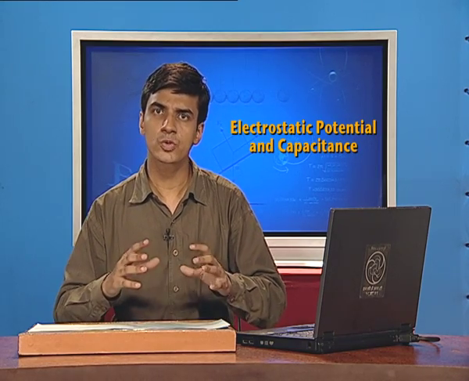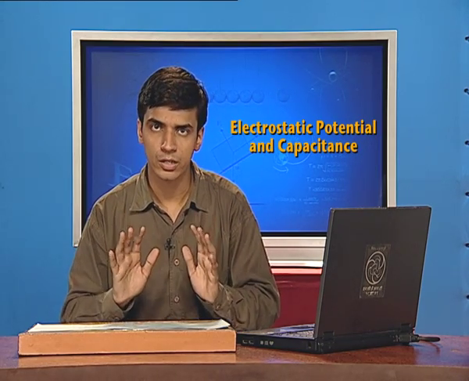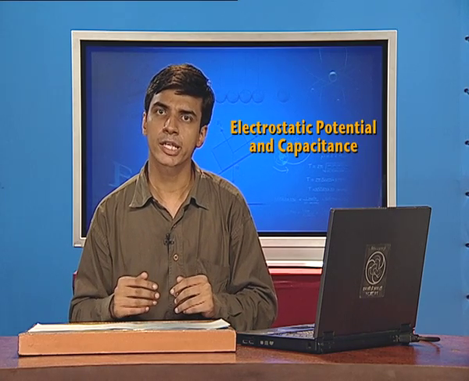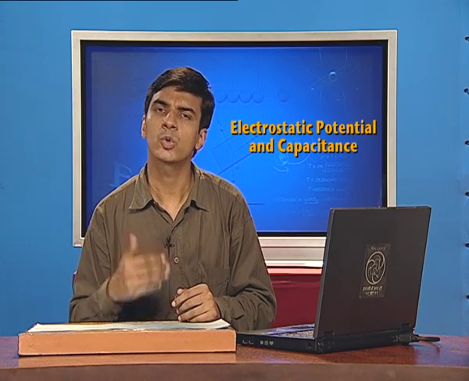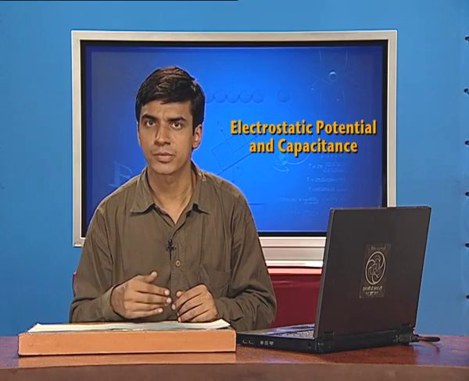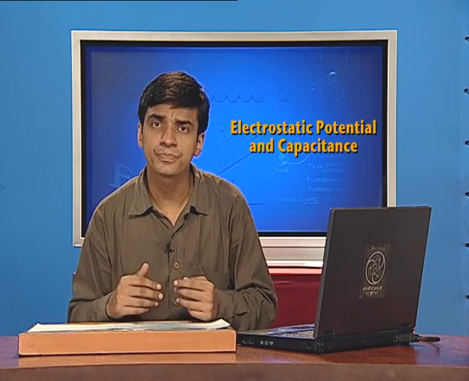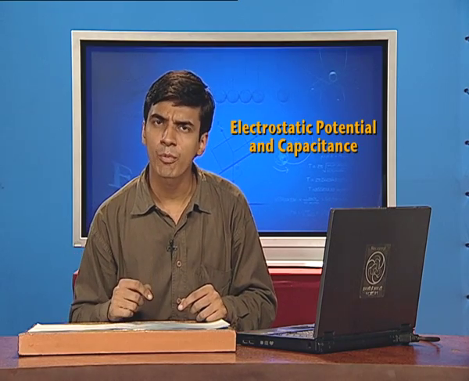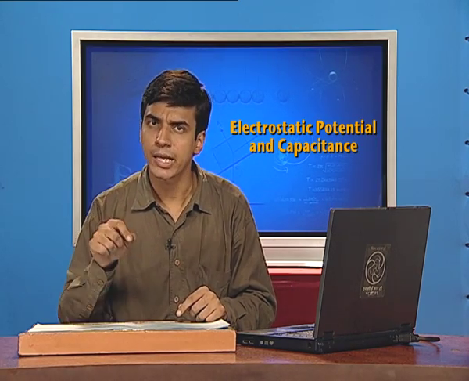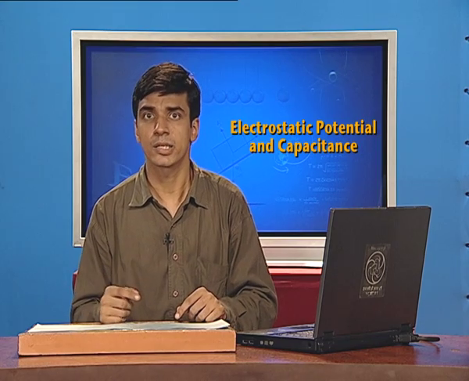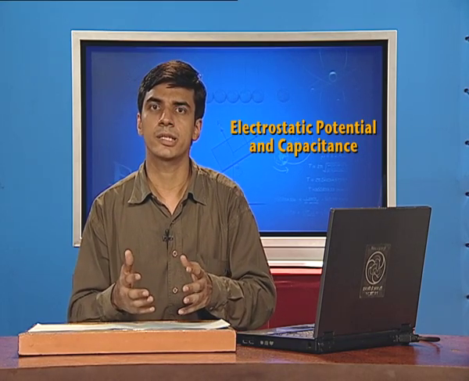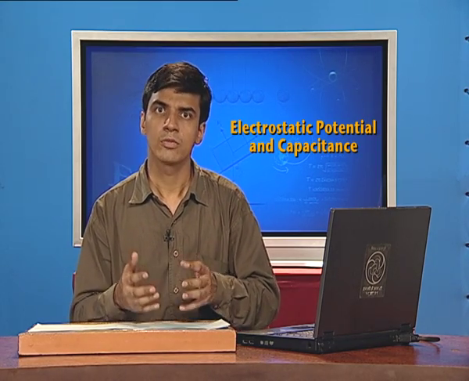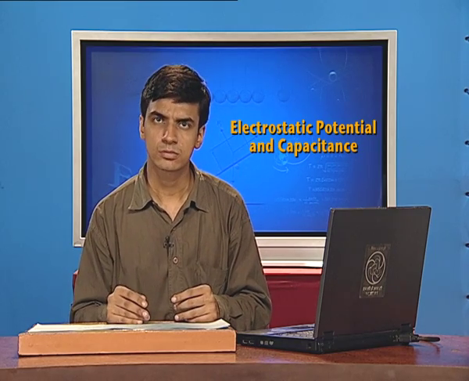What happens to the energy that I am imparting, or the force that I am giving to the charge to counter that Coulombic repulsion? Actually, that energy gets stored in the form of potential energy at that point, and I say that this is the electrostatic potential of this charge at this point.